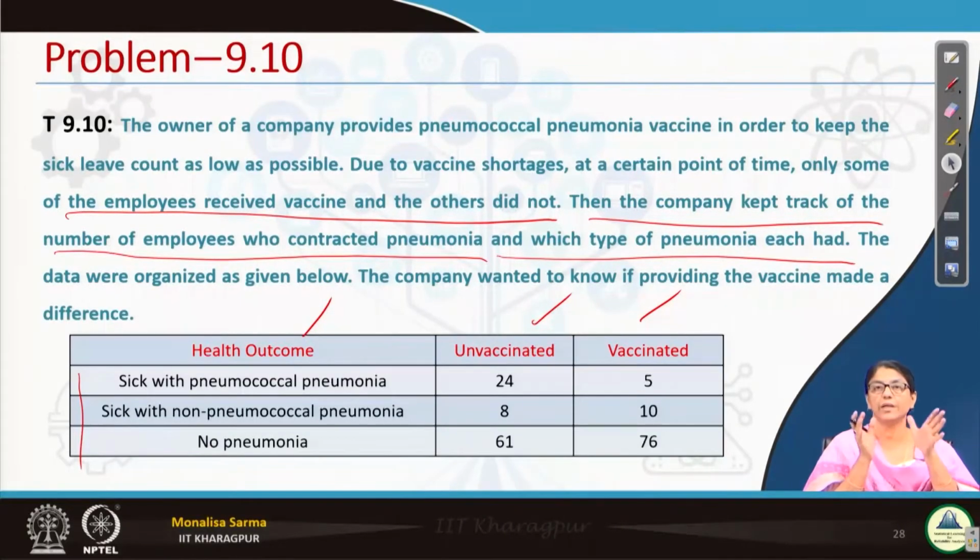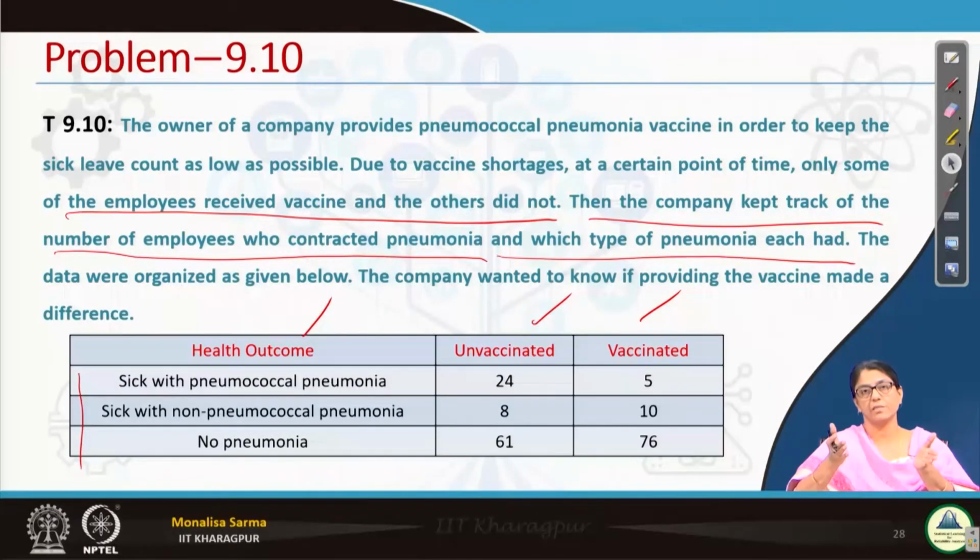That means we'll have to find a chi-square correlation. So we'll have to find out the chi-square value of this whole table, and then we will be able to tell whether providing the vaccine made a difference or not. If the chi-square value that we get falls in the rejection region, then providing a vaccine really makes a difference.